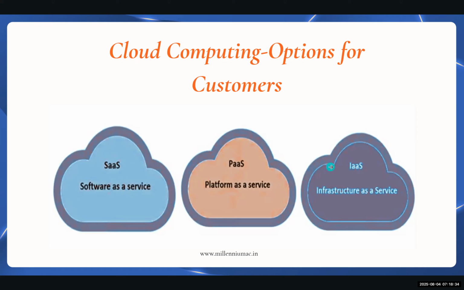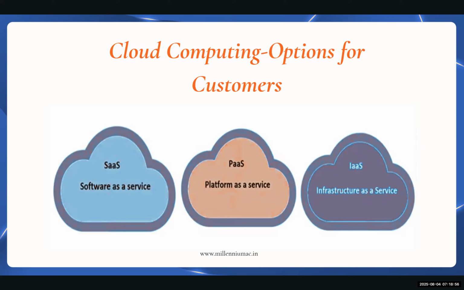And IaaS, infrastructure as a service. The best example of infrastructure as a service is Amazon Web Services, AWS. How is it used? In Amazon Web Services, we just take a space in the cloud.